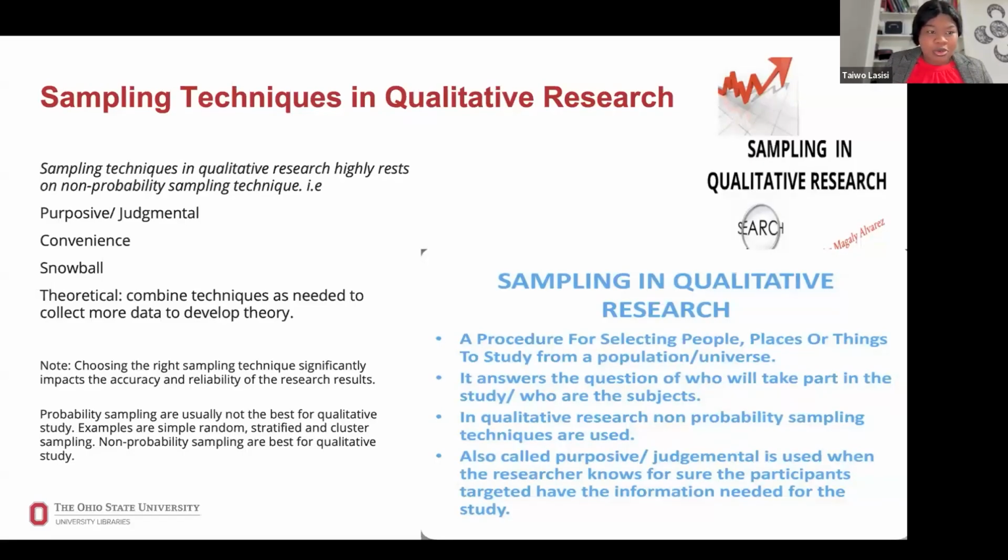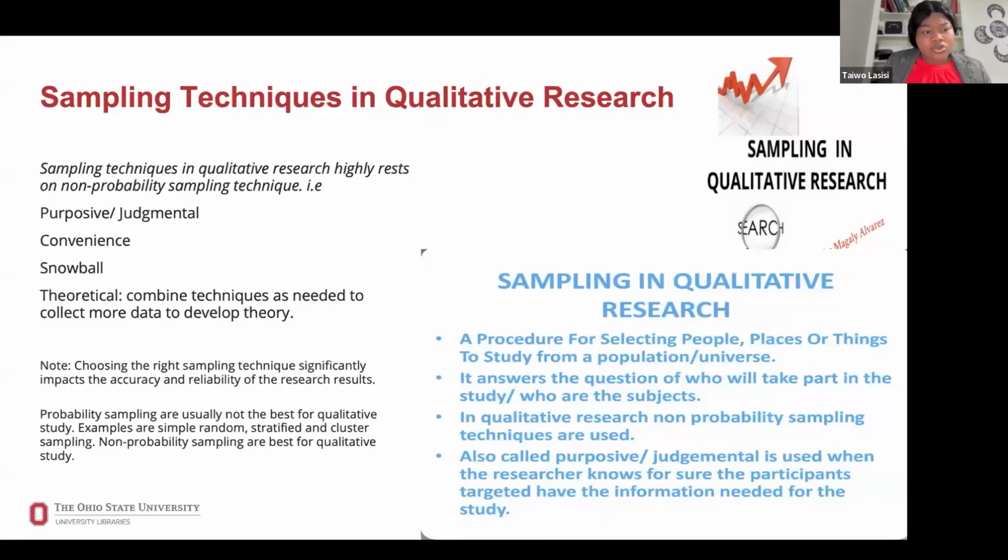Purposive means that you're thinking very purposively about the group of people you want to study. These sampling techniques are sometimes used in quantitative research too, but are more used in qualitative research. For purposive sampling, you might be thinking about a particular culture or group that you want to investigate, maybe what is happening in Native American communities.